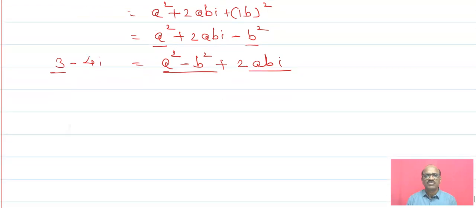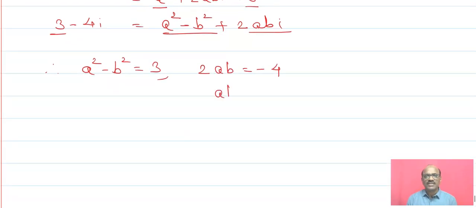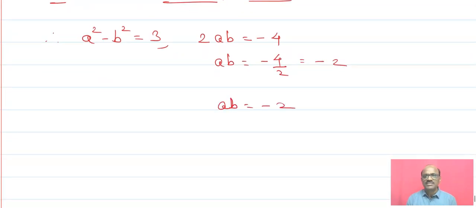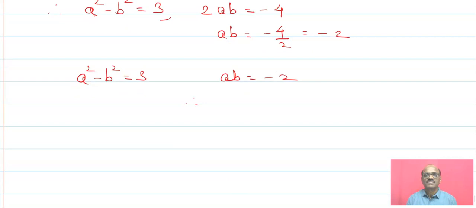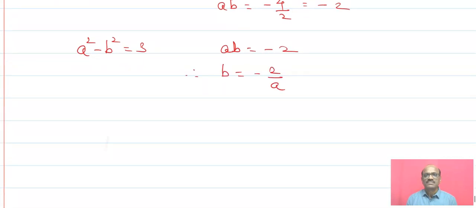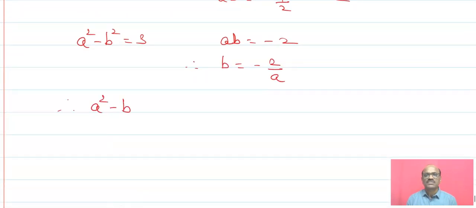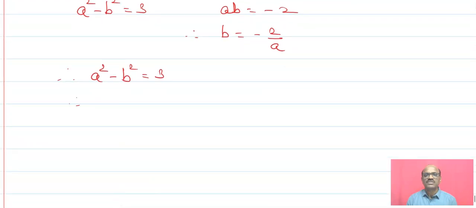That is 3 minus 4i, so a square minus b square is equal to 3, and 2ab is equal to minus 4, and the value of b is b equal to minus 2 upon a. Substitute the value. a square minus b square is equal to 3. a square minus 2 upon a bracket square is equal to 3.